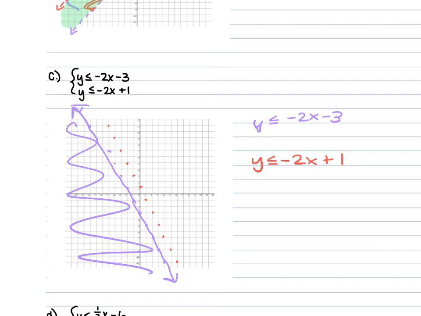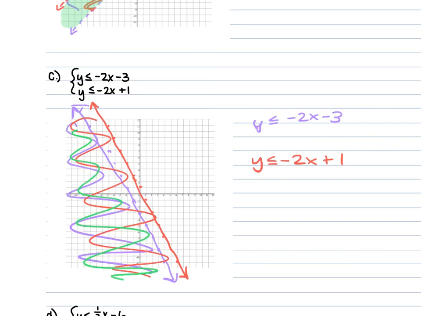Draw the line through these points one more time, and then shade below. So the only thing that overlaps is this area here, so we'd shade that in. And then we can actually get rid of anything in the middle here if we needed to.